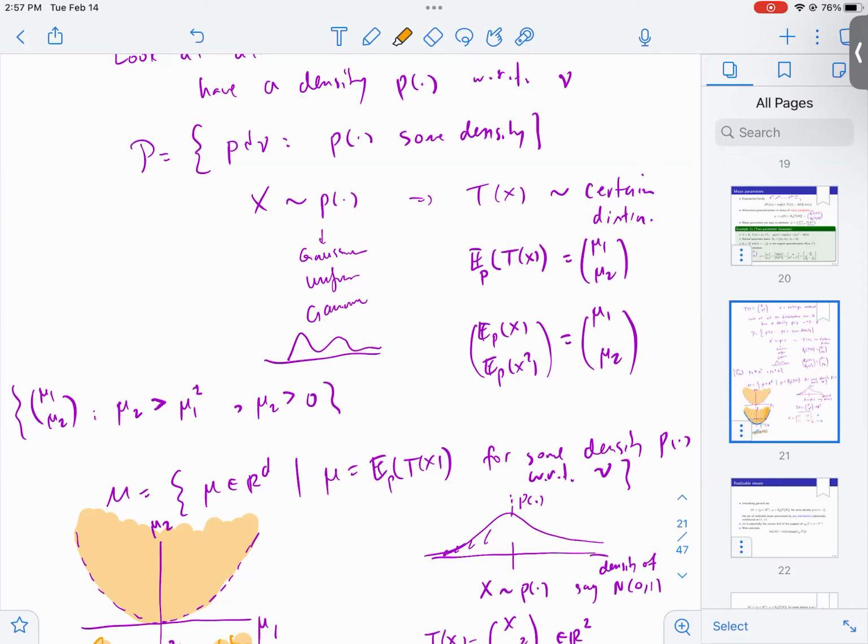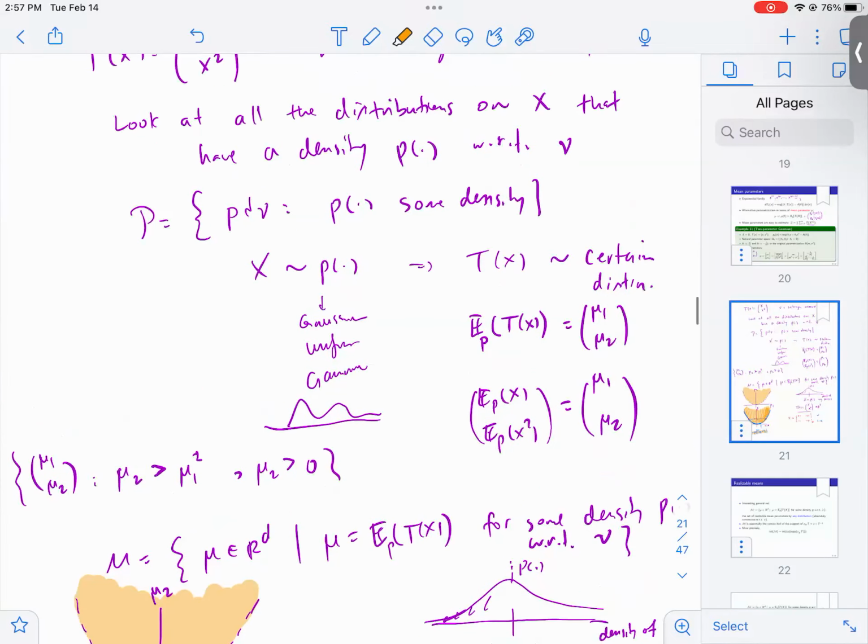So although this is the set that's realizable by every possible density, if I restrict myself to the class of exponential families, I still get the same realized set of means. So all possible means that I can realize by any density, I can realize by a member of the exponential family with this sufficient statistic and mu.